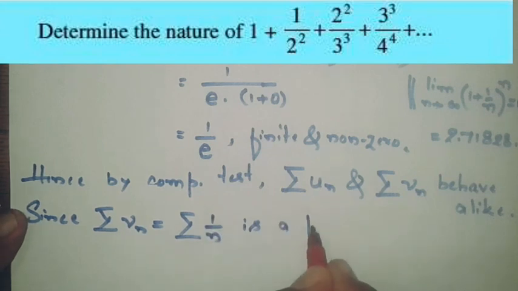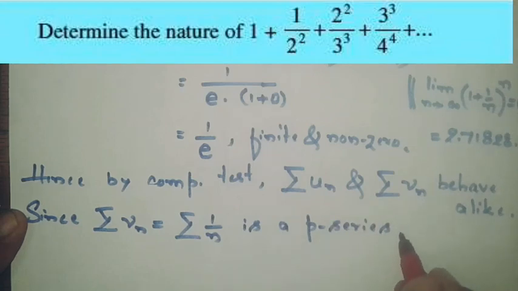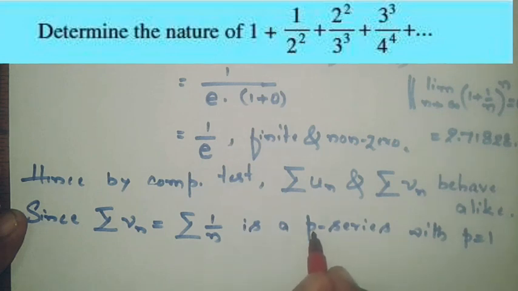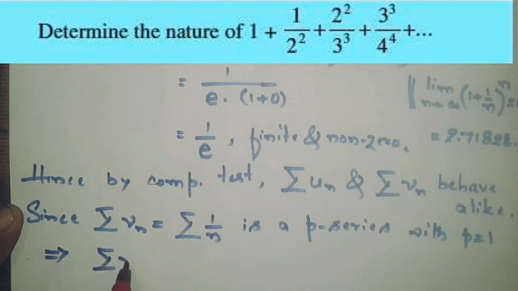This is one of the standard positive series we have seen, with p equal to 1 in this case. When p is greater than 1 the series is convergent, and when p is less than or equal to 1, the series is divergent. Therefore in this case also the series is divergent. It implies summation vn is divergent.